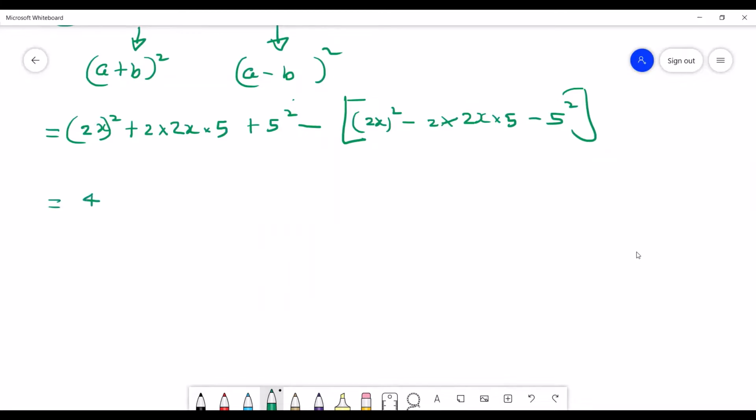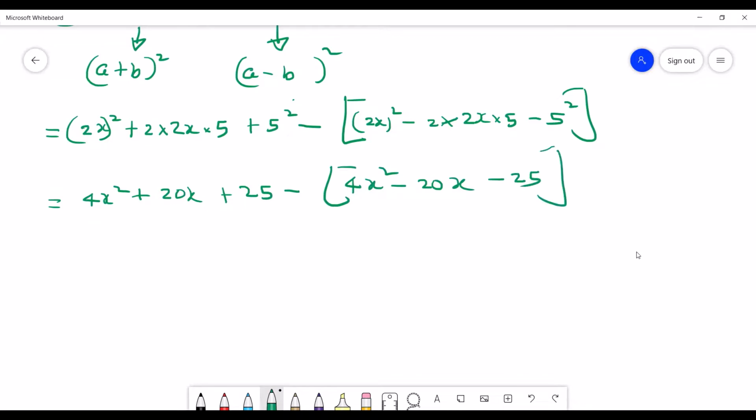Then this will be 4x square plus 20x plus 25, minus 4x square minus 20x, then minus 25. This is not minus 25, this is plus 25, plus b square.